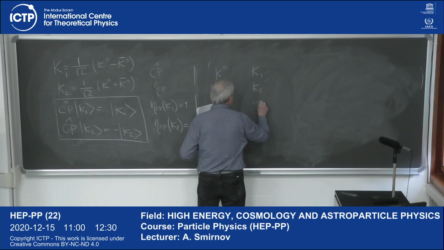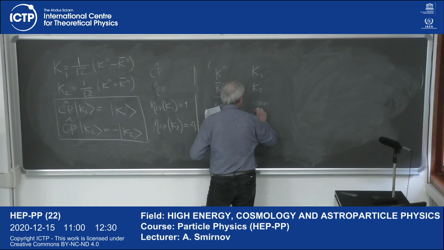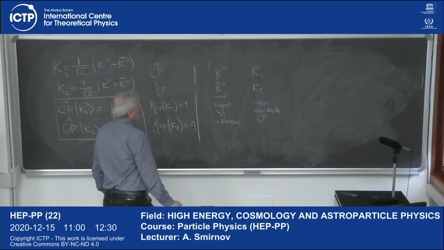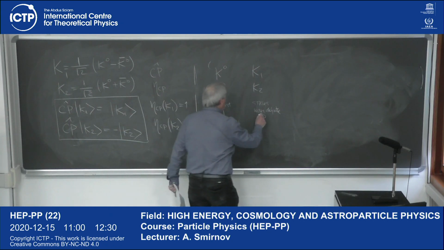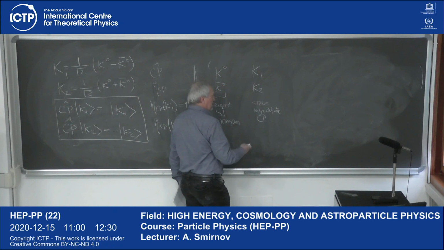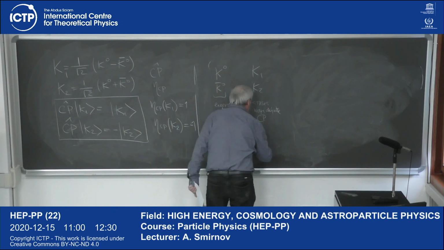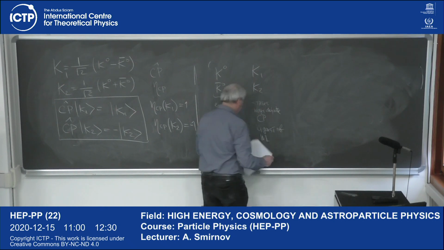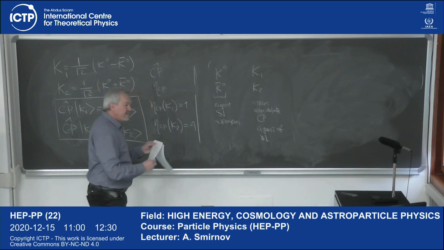These are the states with definite CP properties. And so if weak interactions have this CP symmetry, they are eigenstates of weak interactions. Okay?